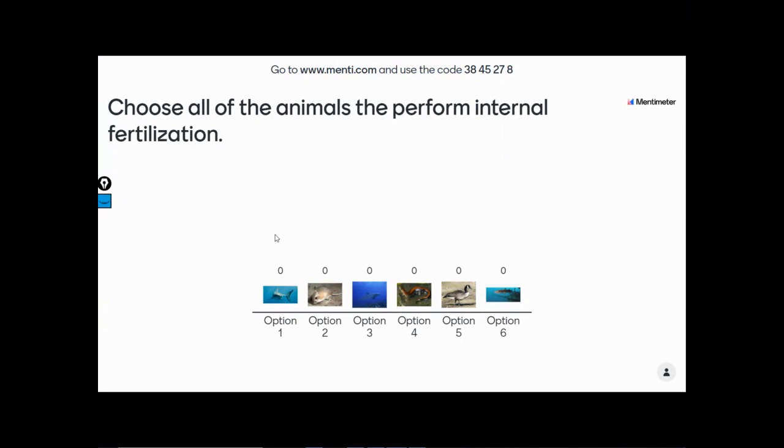So let's think about internal fertilization as a good reminder. We haven't done a Menti for a while as a group, and I think it'll be nice, particularly given the chaos of last week. So let's all go to menti.com, or if you've got the app, living your best life.